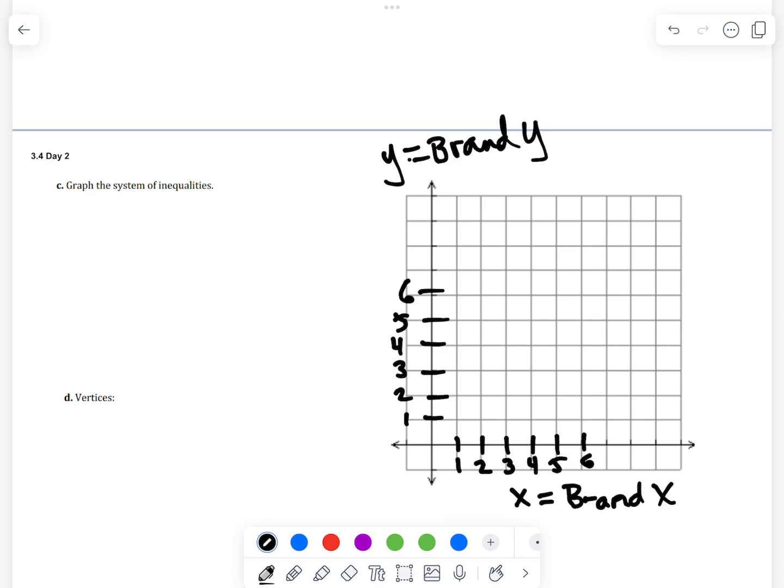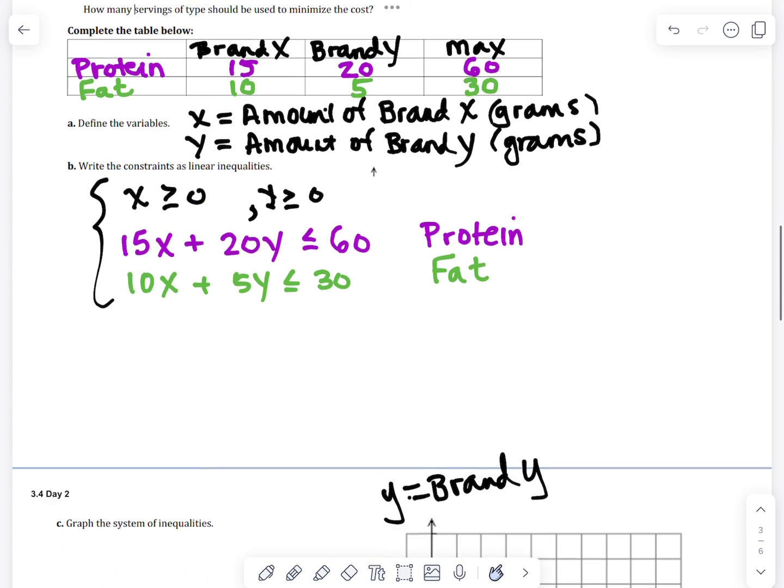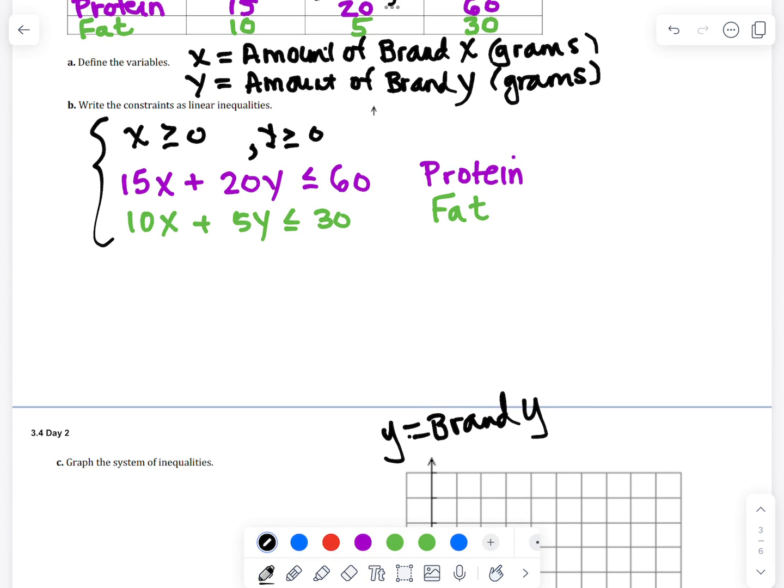Now we need to either convert our inequalities to slope-intercept form, or find the x and y intercepts. So this purple one, 15x plus 20y equals 60, we find the x-intercept by letting y equal 0.